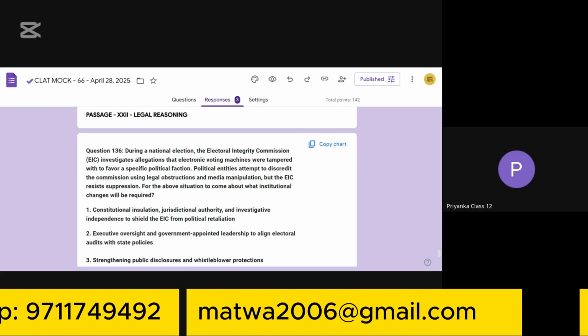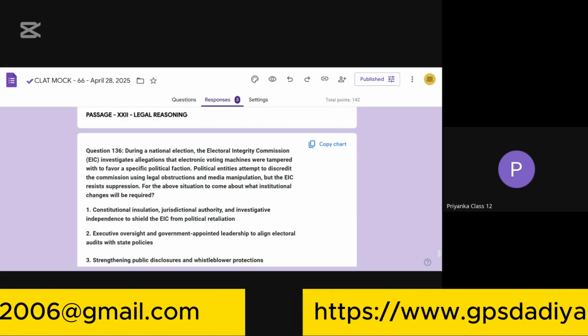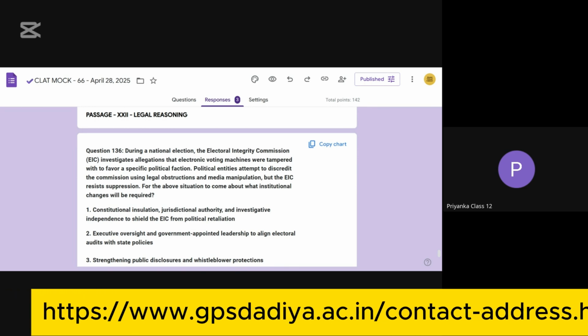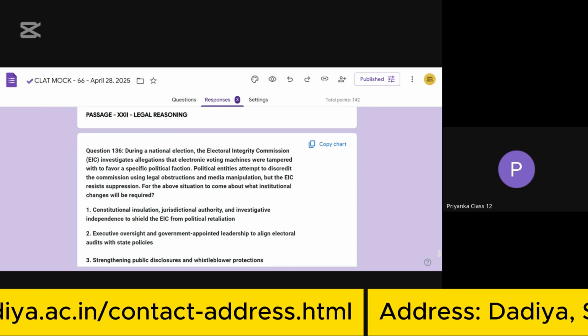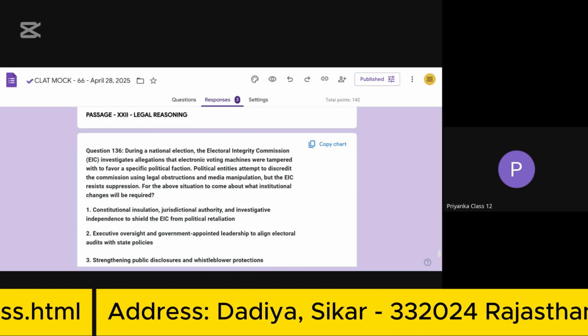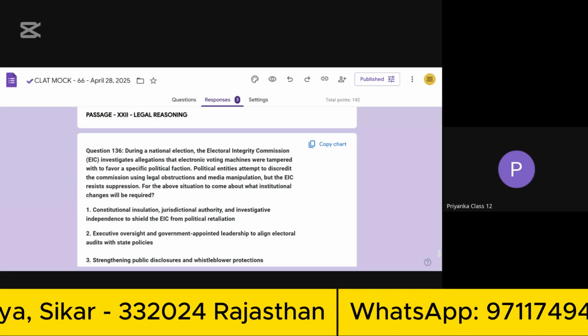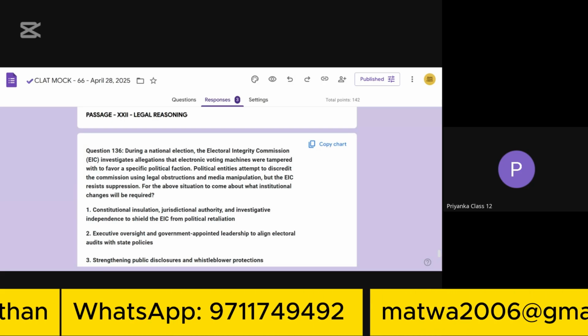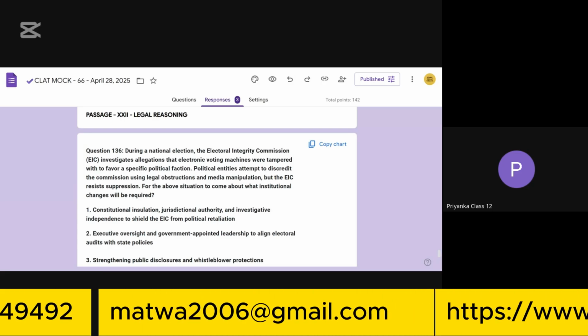And unlike purely independent bodies like the Election Commission or CAG, the ED and the CBI were created by ordinary laws, making them easier for the ruling party to control.